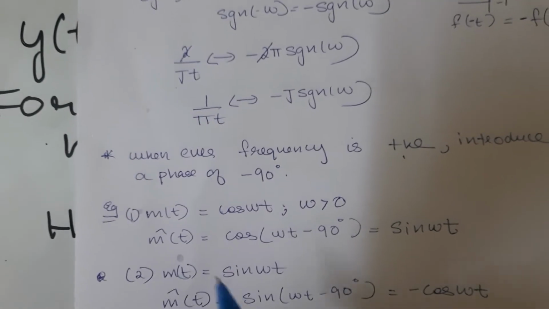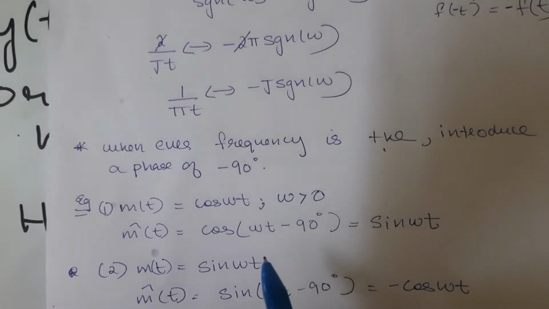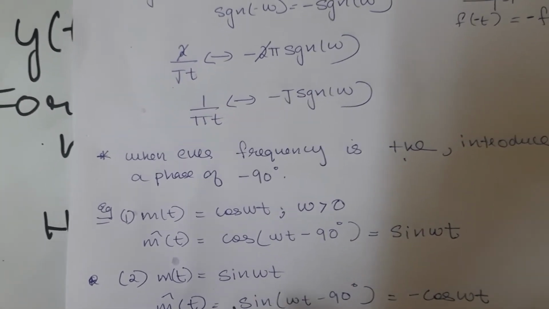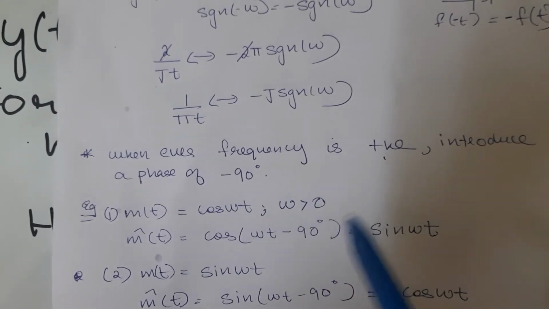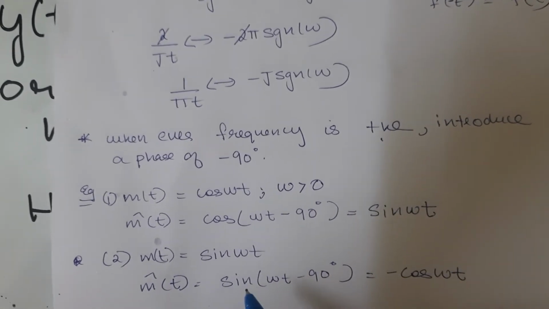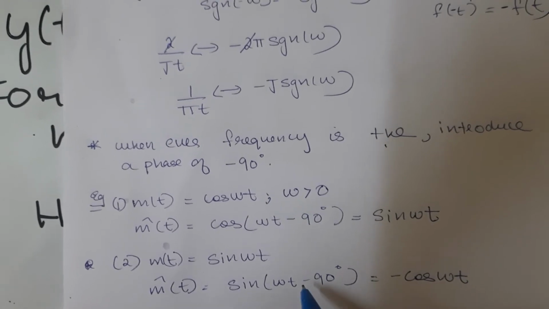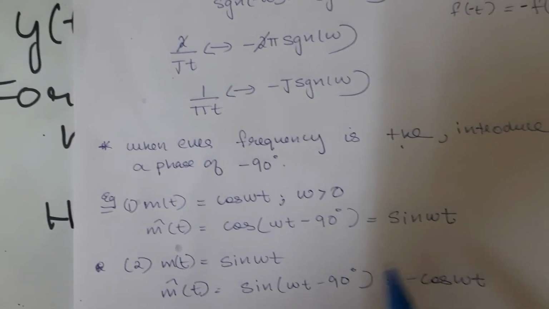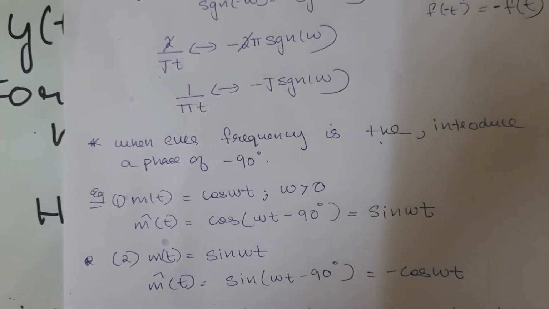Same way, if m of t is sin omega t, m cap of t, that is Hilbert transform of sin omega t, will be sin of omega t minus 90 degree, which is equal to minus cos omega t.